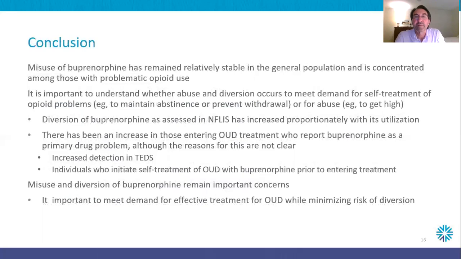So in conclusion, the misuse of buprenorphine has remained relatively stable in the general population. And you can see that it's really concentrated among those with problematic opioid use. It's important to understand whether abuse and diversion occurs in order to meet the demand for self-treatment of opioid problems, such as to maintain abstinence and prevent withdrawal, or for abuse, that is, to get high.